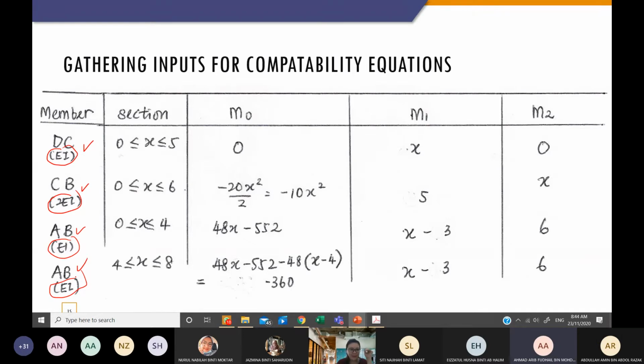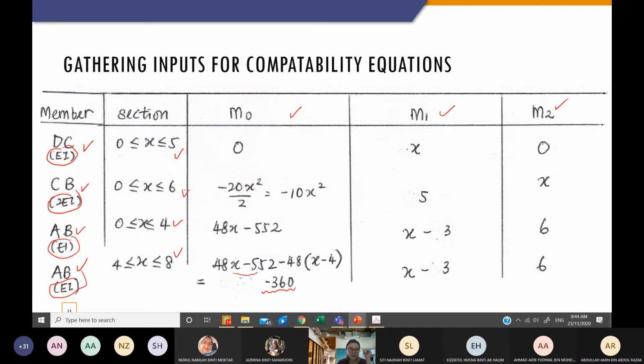So the sections, you need to put in the range properly. And then after you check that, you put in all the M0, M1, M2 that you have determined earlier. You may simplify. When you simplify, it is easier.